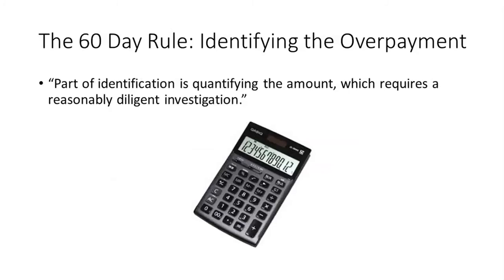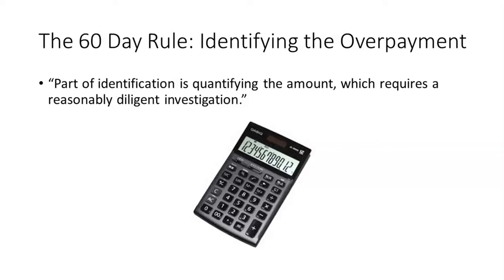Okay, and then the second part of that rule again goes to quantifying the amount, which requires a reasonably diligent investigation. This is really important because for the 60-day rule to apply, you have to be able to quantify that amount.